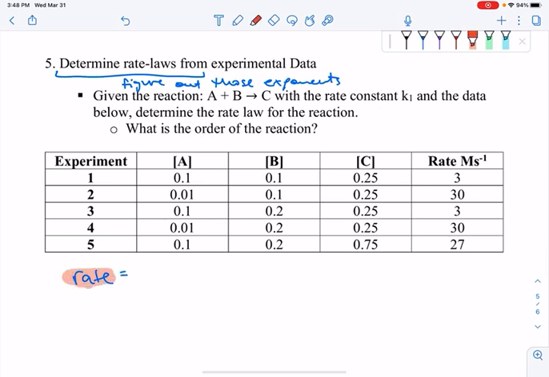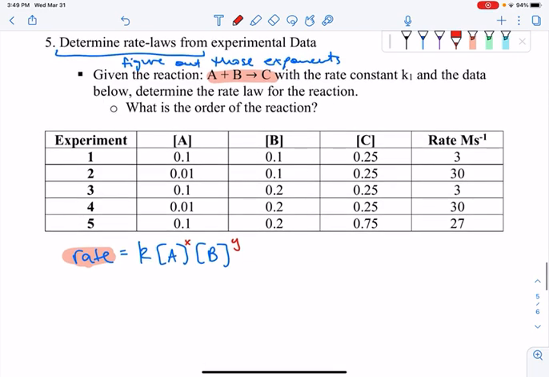We'll say the rate law for this reaction would be equal to k times [A] to some power times [B] to some power. We do not know what these exponents are. These exponents are not necessarily related to the stoichiometry, right? They're not necessarily 1 just because the stoichiometry is 1. They're not necessarily 2 just because the stoichiometry is 2, right? You can't necessarily just go off of stoichiometry.